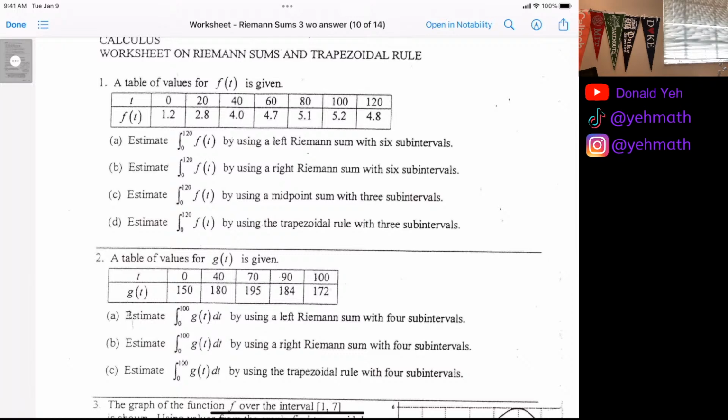Because there's only 6 of them, and the left is the under. So you start with the 0, but then the right is the over, so then you do the 120. But you don't include 120 on the right. You only do 6.